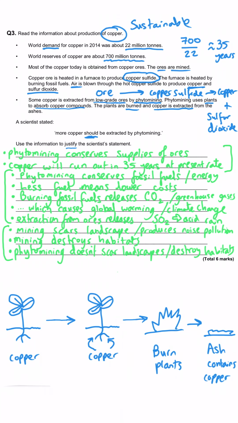And we need to make sure that we are both saying good things about phytomining and being comparative, saying that mining as an alternative method of production would do the opposite. And so we can probably get some 2-for-1 sentences in here, because you don't have to have used the exact words that I've said. We can say, for instance, mining scars the landscape, whereas phytomining doesn't, and other sentences like that.